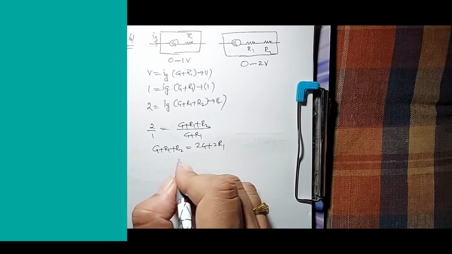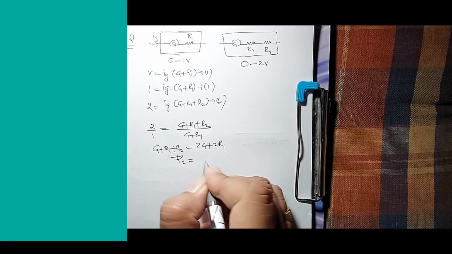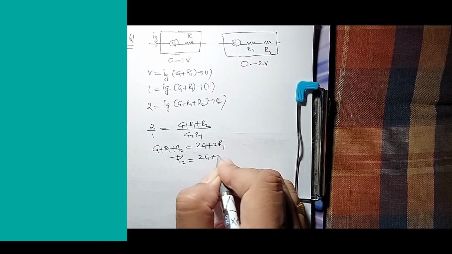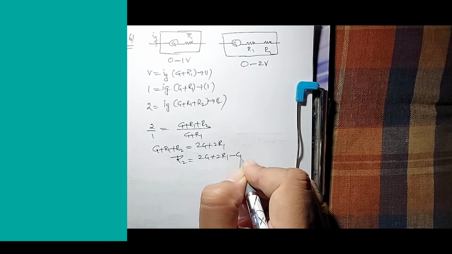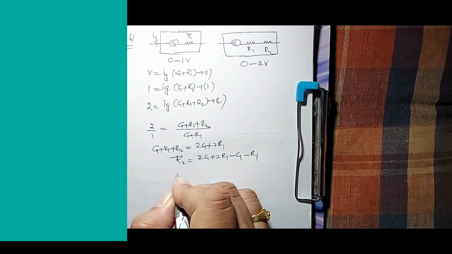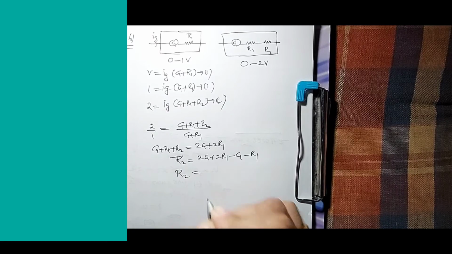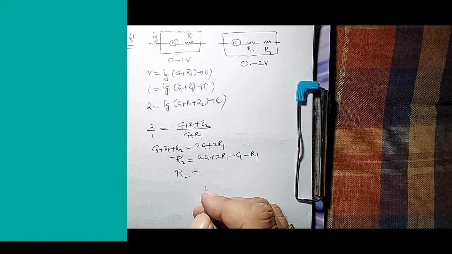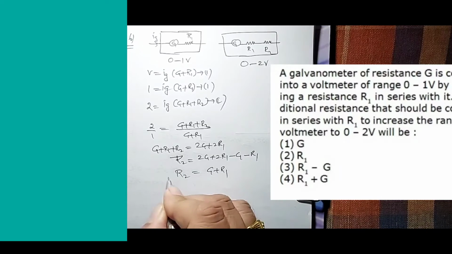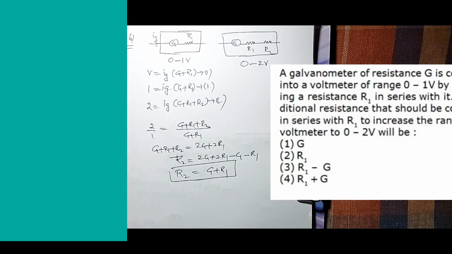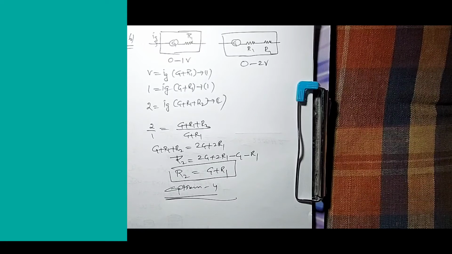Now we want to find R2 = 2G + 2R1 − G − R1. So R2 = G + R1. So our answer is option 4.